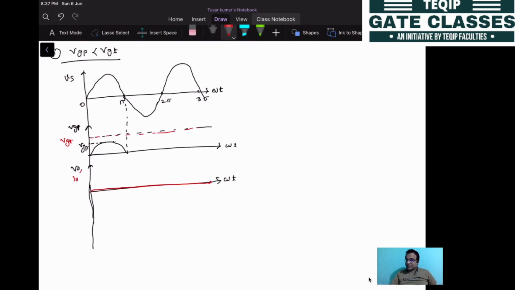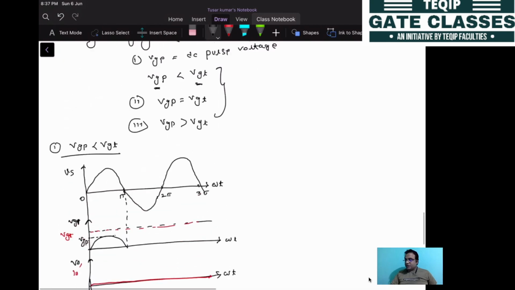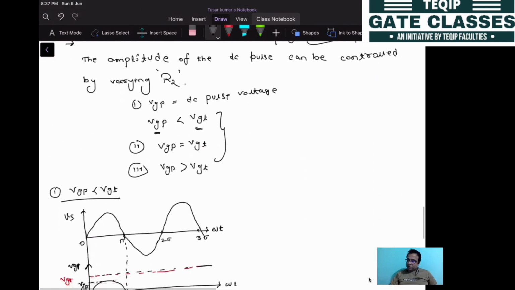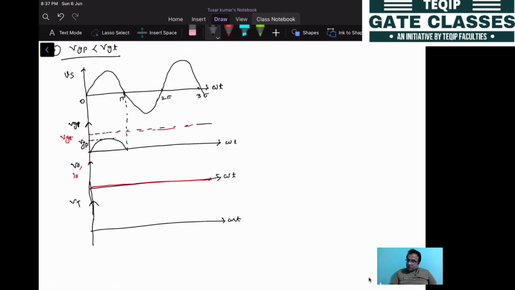Then the next thing is the variation of the plot of Vt. Vt is the voltage drop across the thyristor. How will Vt be?